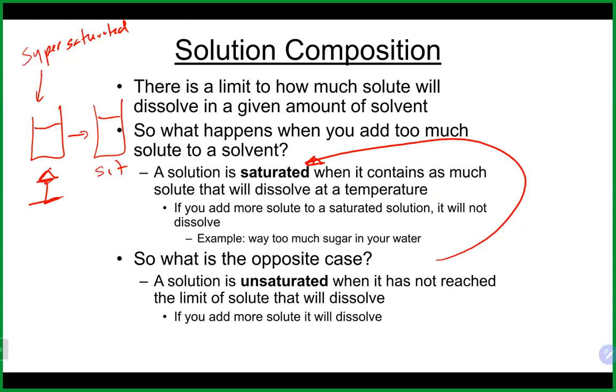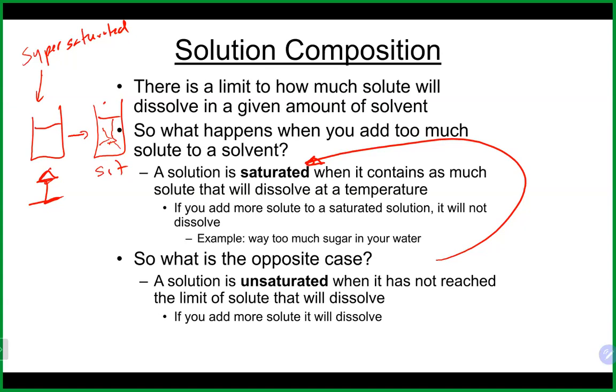So actually what you create is a really unstable solution. It is so unstable that if you just took that amount of solid and dropped it in there, it's going to go, whoa, too much, and all of the solid will pretty much come right out of solution. It can become solid again.